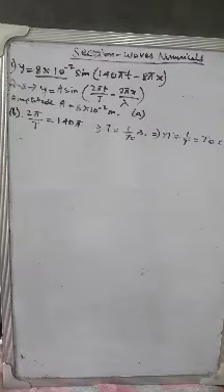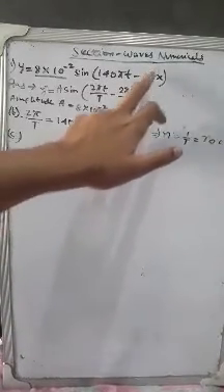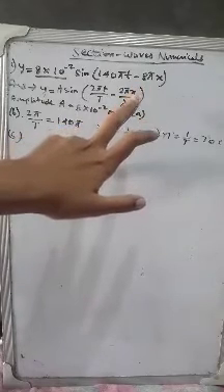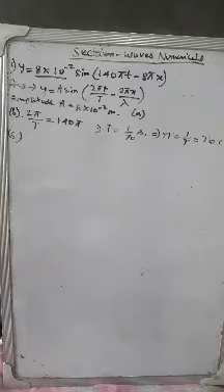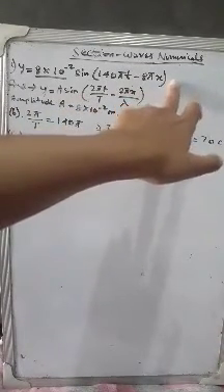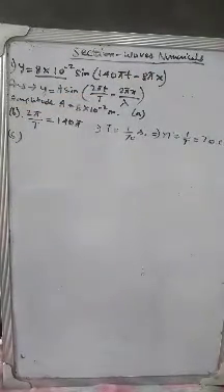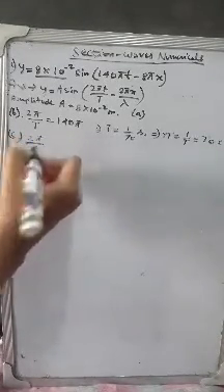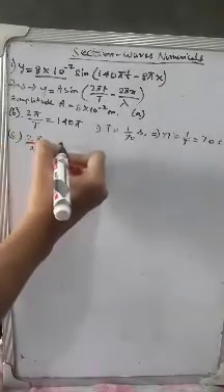Now we move to the wavelength, asked in part C. For the wavelength, again we compare the terms. In the original equation we have 2 pi x by lambda, and in the question we have 8 pi x. Equating them, 2 pi by lambda equals 8 pi.